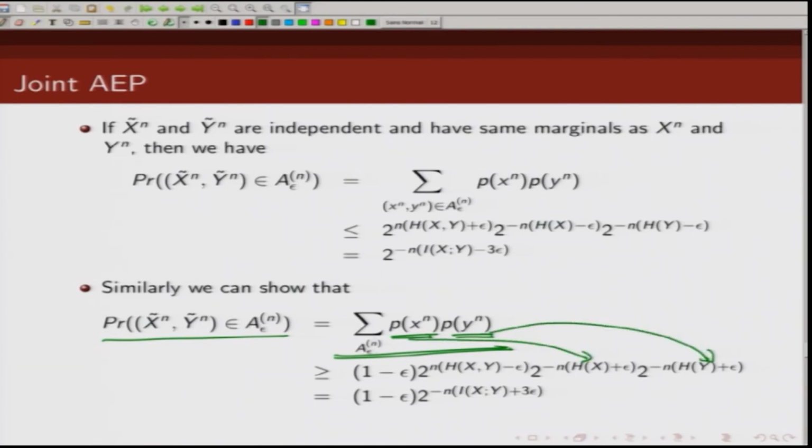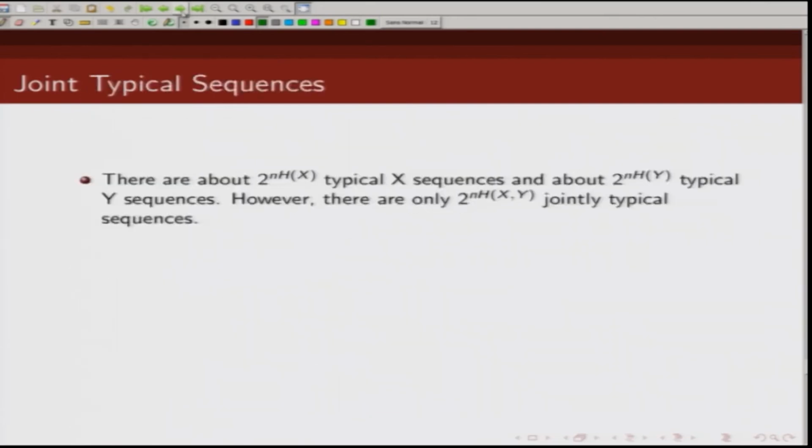And similarly, the number of elements in this jointly typical set is lower bounded by this quantity. So if we plug in these values, what we get is that the probability that x^n tilde and y^n tilde, which are independent, are jointly typical is lower bounded by this probability.